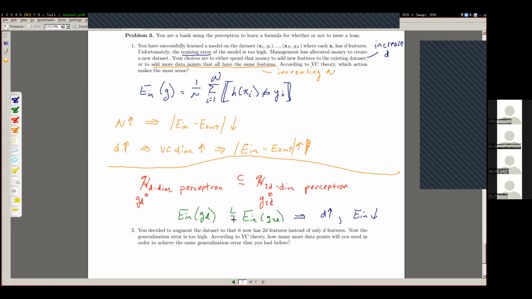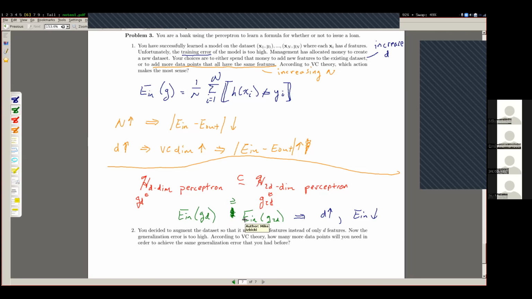You're claiming that this inequality should be switched. Yes. Thank you. I wrote that backwards here. Because this has more possible hypotheses inside of it, then yes, the training error of this side can only go down.